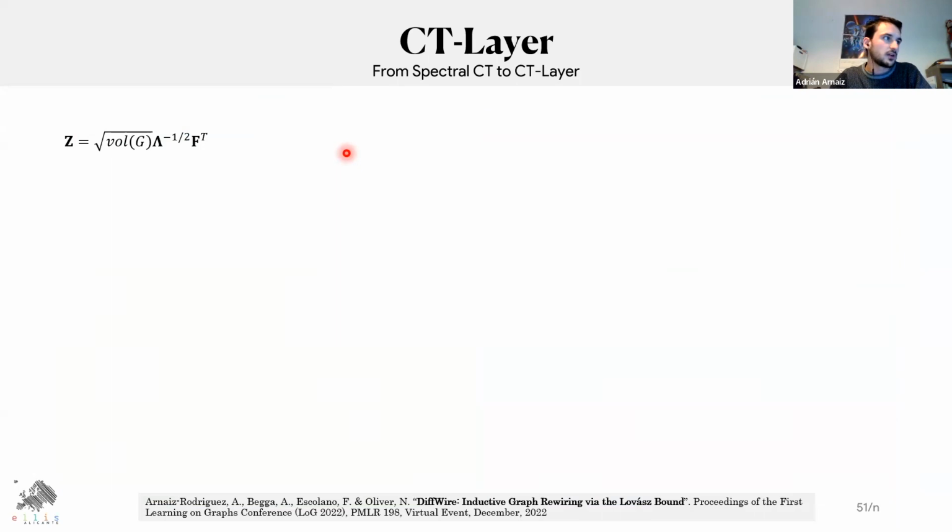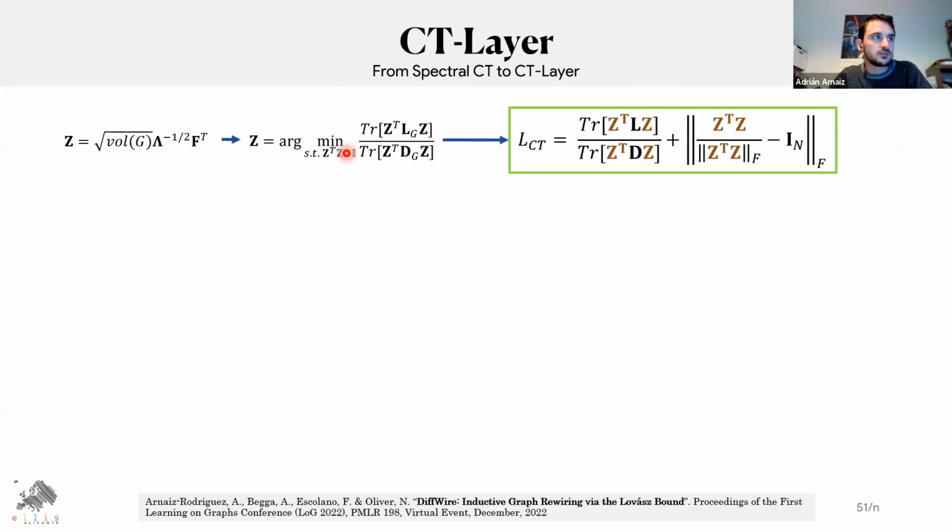So we have seen that you can calculate it spectrally or in an optimization problem. So our main contribution is to translate that optimization problem into a differentiable function. So we have this trace here that is the same trace here, and the orthogonality restriction we have moved to this term here in the second term.